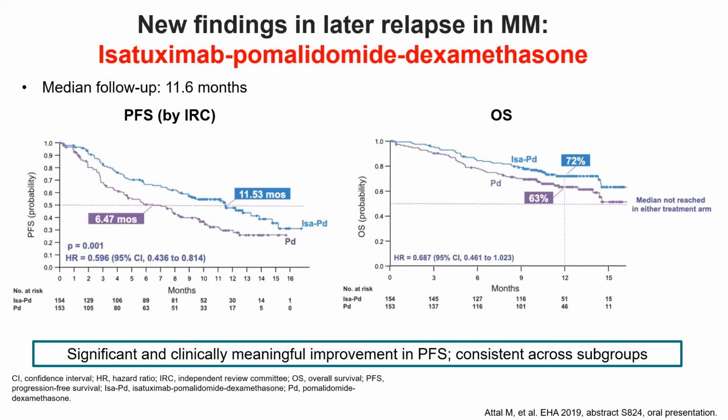Not only that, but also overall survival improvement. However, the median is not reached in either treatment arm. Significant, clinically meaningful improvement in progression-free survival, consistent across subgroups. Next one, please.